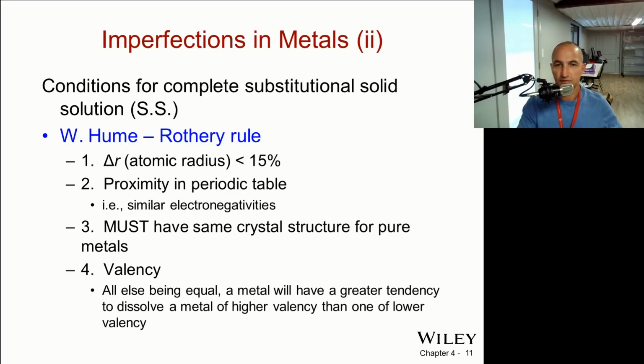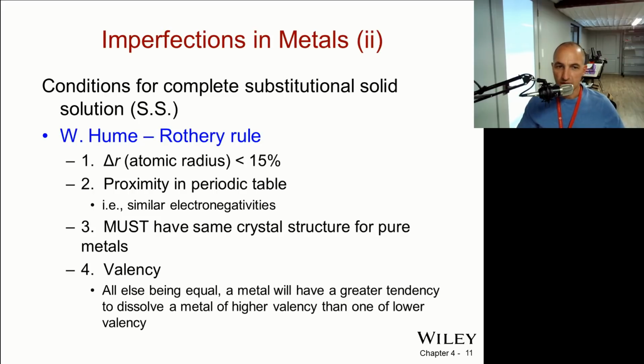The conditions for having complete solid solubility, or a complete substitutional solid solution, follow the Hume-Rothery rules. There are 4 basic rules that operate. First and most important, atomic radii between host and impurity should be less than 15% different from each other.